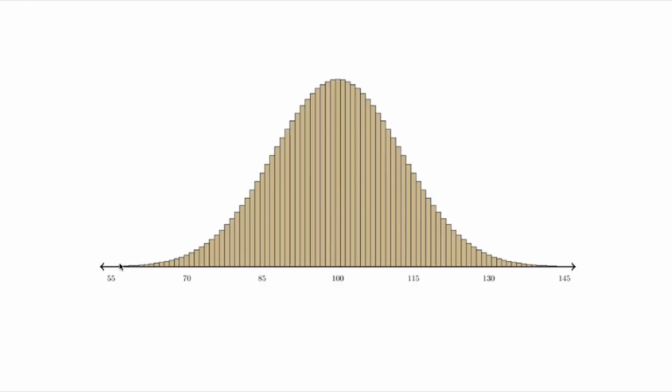So a bell curve would be what? A good approximation, right? A bell curve for a continuous random variable would be a good approximation. So what types of discrete variables have this almost bell curve characteristic? Binomial.